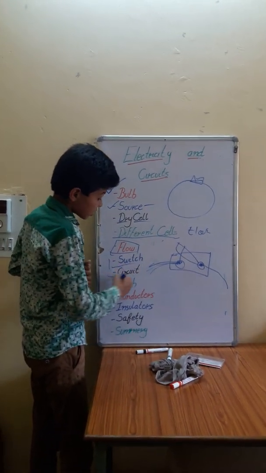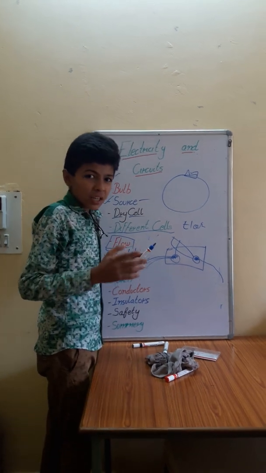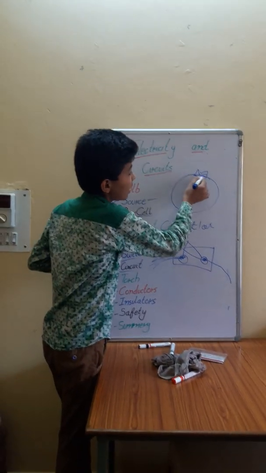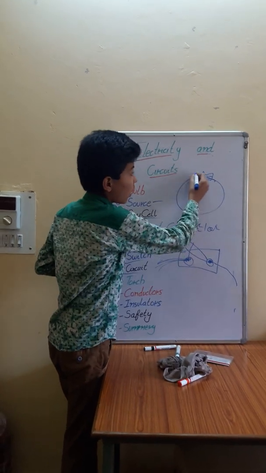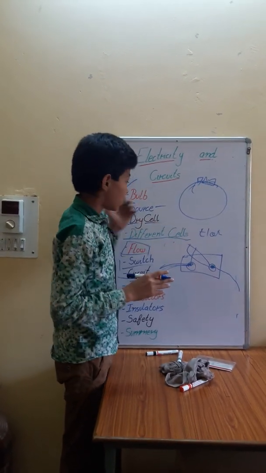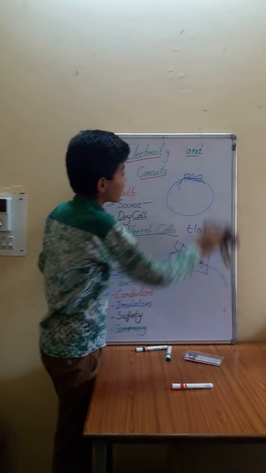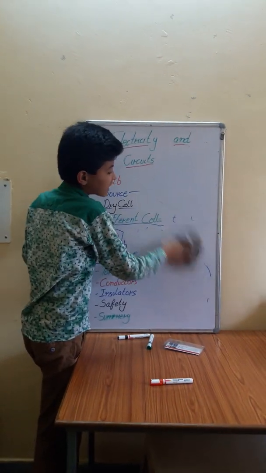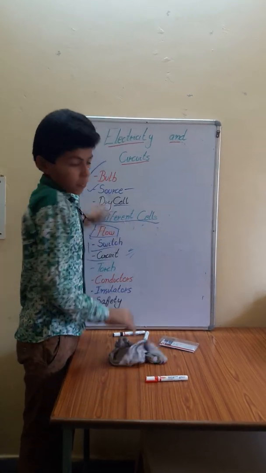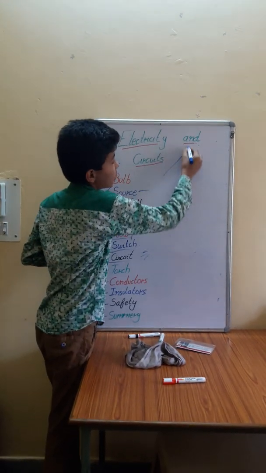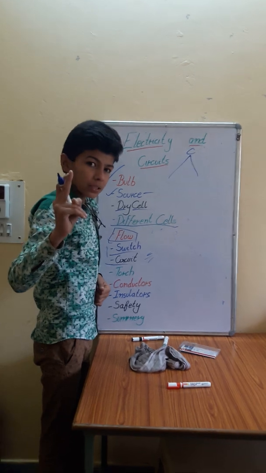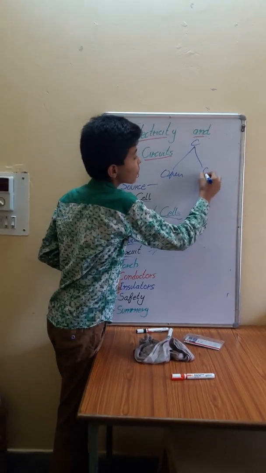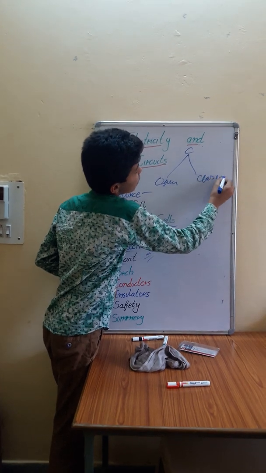Now we have the circuit. What is a circuit? A circuit has all the things we require to make electricity flow. But circuits can also be divided into two types: open and closed.